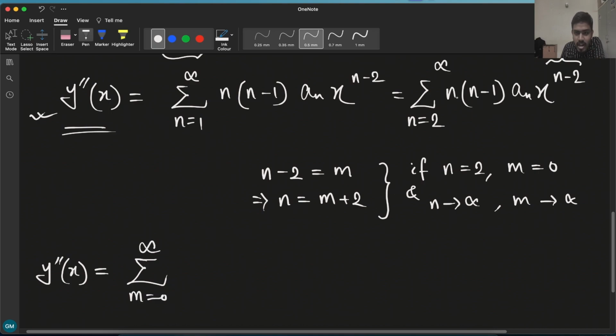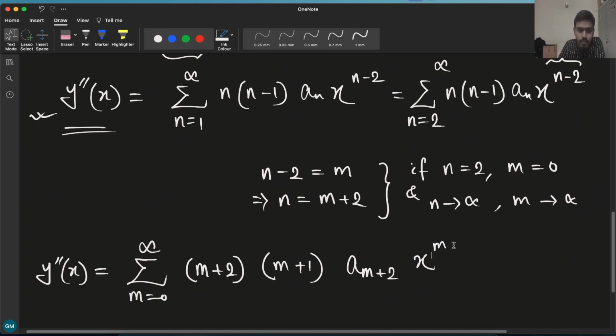And instead of n I will write m plus 2, and if I put m plus 2 here, it will be m plus 1, because there is a minus 1 sitting here. It will be m plus 1 times a m plus 2, right? Instead of n I am putting m plus 2. And x to the power m.